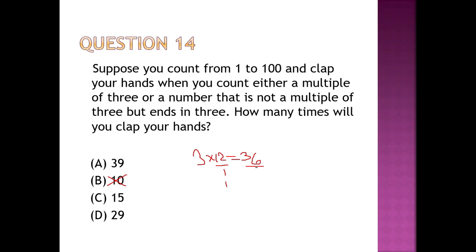The last number that ends with 3 before we reach 36 is 33, but we know that 33 is a multiple of 3. So up to the point of 36, we have 14 already: 12 multiples of 3, plus 13 and 23, which are not multiples of 3. We would have clapped our hands at these times as well, so we clap 14 times already.